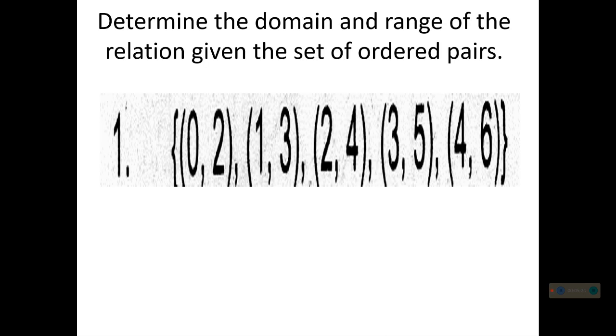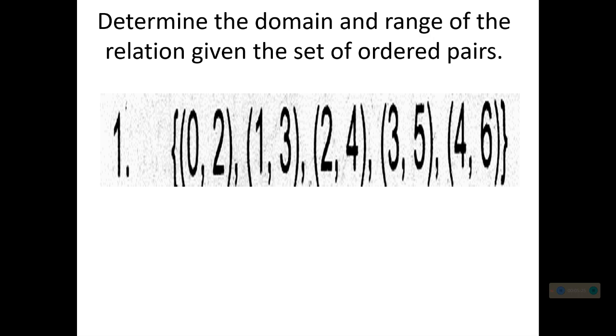Next, let's have this oral exercise. I hope you already mastered how to determine or give the domain and the range of the sets of ordered pairs, table, and mapping diagram. We have here the set of ordered pairs.